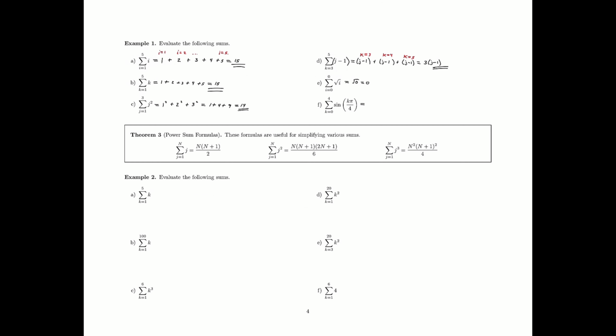For f, we'll get sine of 0 over 4, so 0, plus sine of pi over 4, plus sine of 2 pi over 4, which is, I believe, just pi over 2, plus sine of 3 pi over 4, and then lastly sine of 4 pi over 4, which is just sine of pi.